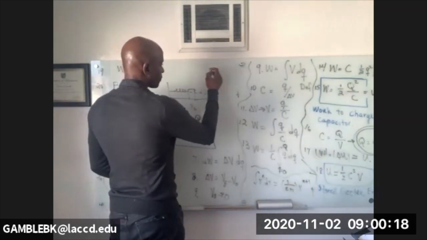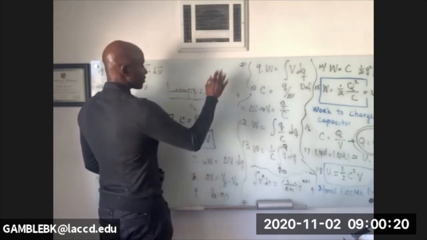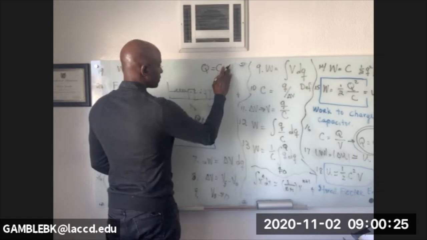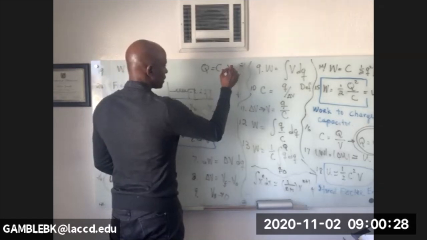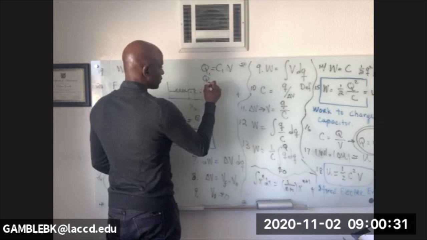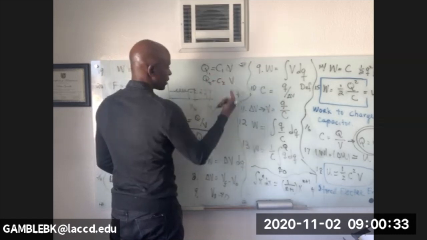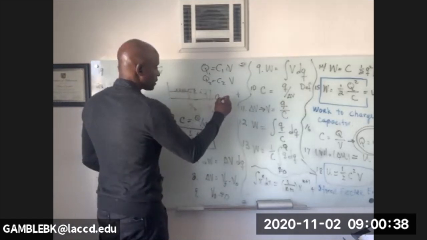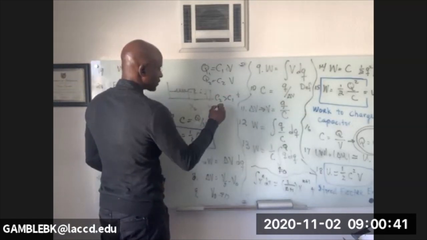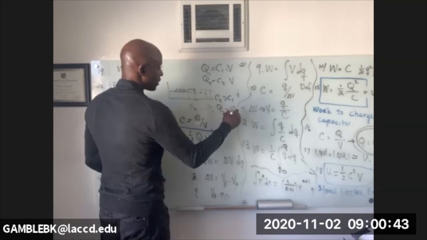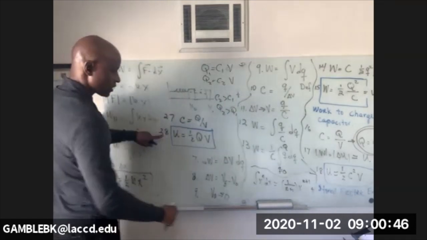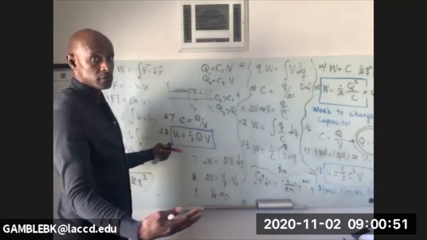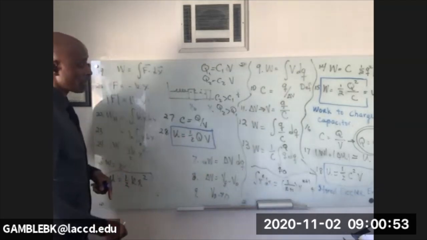If you have one battery but two different capacitors, in that equation Q1 is C1 times delta V, and Q2 is C2 times delta V. For the same battery, if C2 is larger than C1, then the total amount of charge stored, Q2, is going to be larger than Q1. And looking at equations 28 and 18, you see the amount of stored energy is going to be larger as well. Okay, so that's the way to think about it.